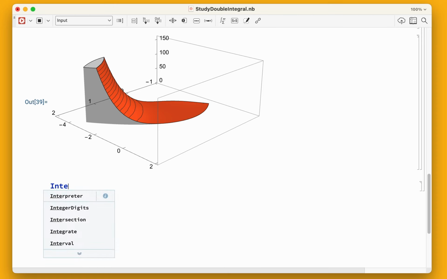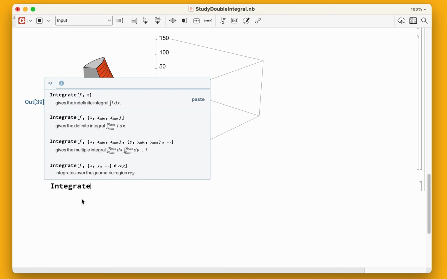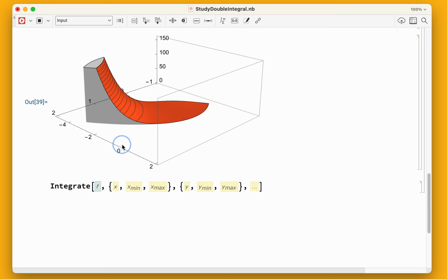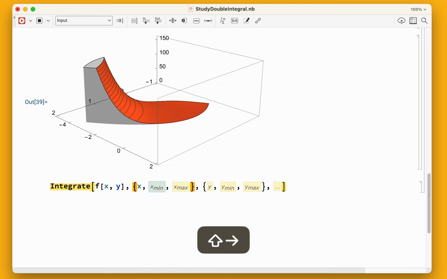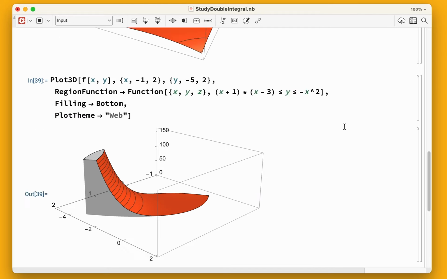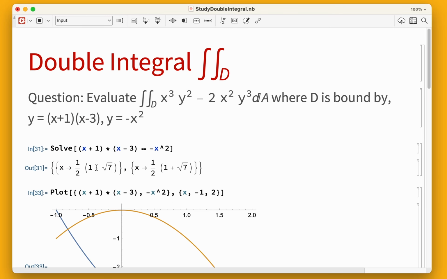Now if you actually want to do an integration, as we are in this tool, it will give us an easy way to solve the double integration. So we'll put the function here, and now we have to put the range, the lower limit and upper limit of the solution that we found earlier.